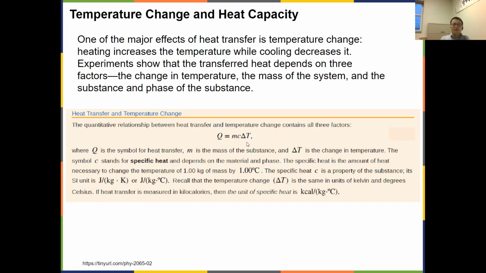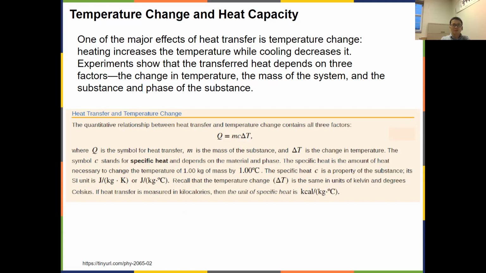So the SI unit for c, the specific heat capacity, you can see from here. Q has an SI unit of joule, m has the SI unit of kilogram, and delta T has an SI unit of degree Celsius or Kelvin, because this is delta T, a change in temperature.